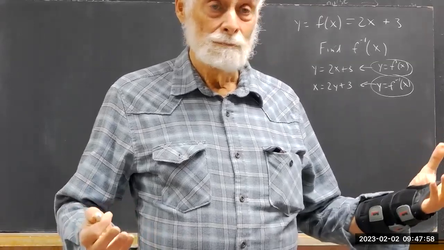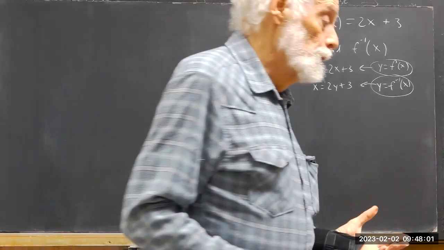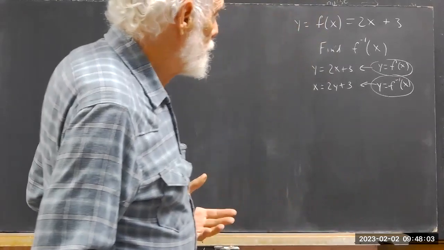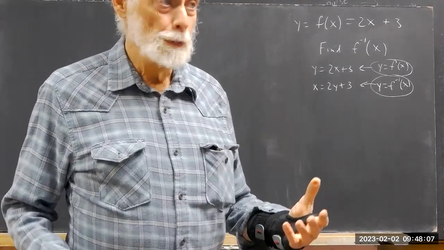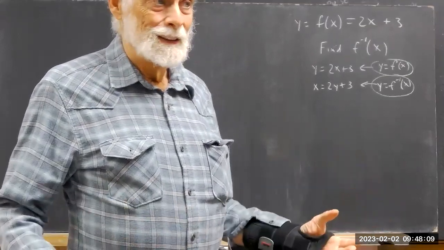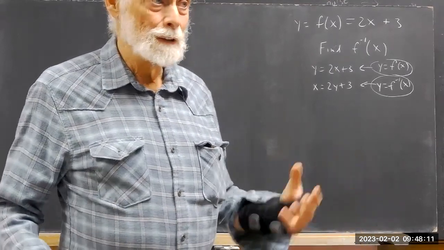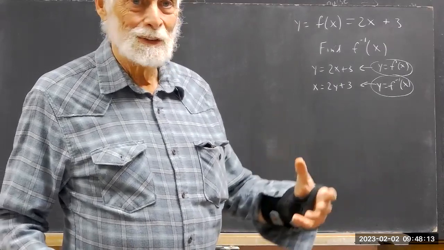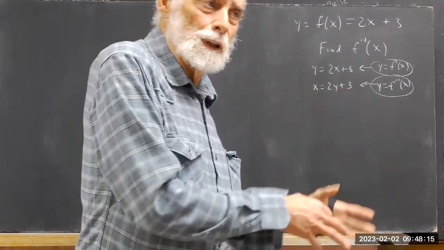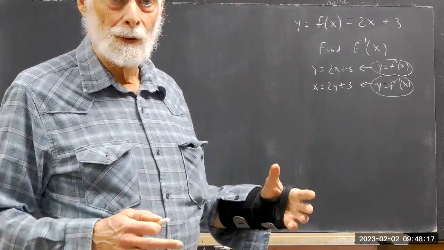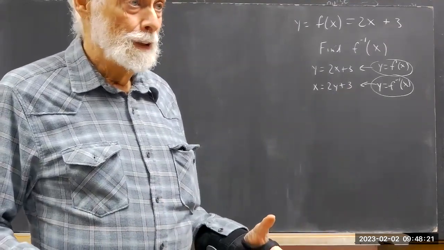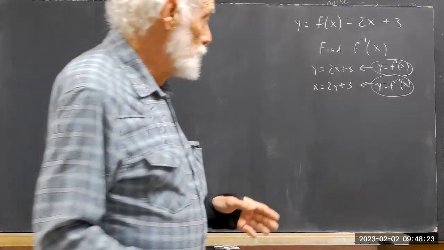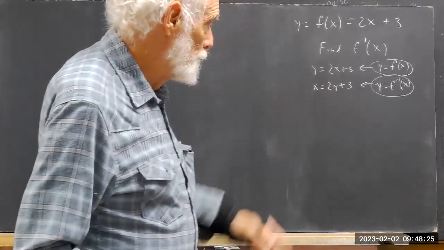If not, you probably need to do some review on that because we can't really cover that in class. It just isn't time to go back and do basic pre-algebra, elementary algebra stuff. But I give you resources to do that, and I can work with you a little bit on it just in the process of solving these problems.